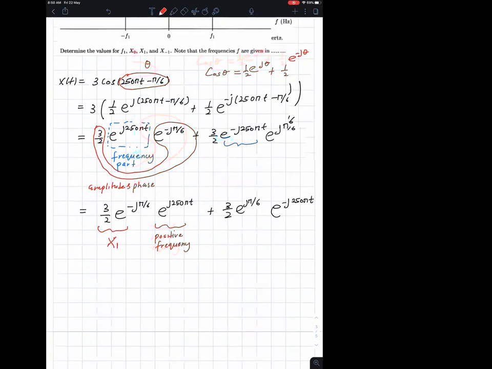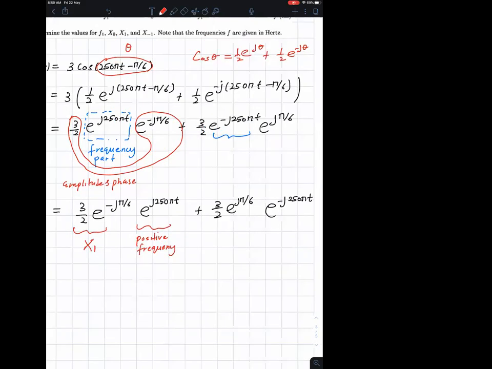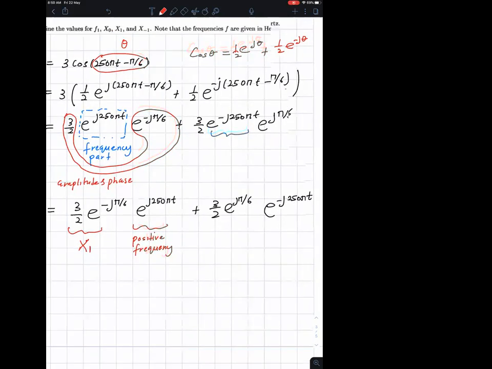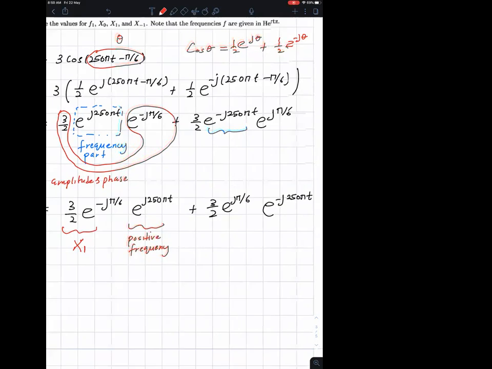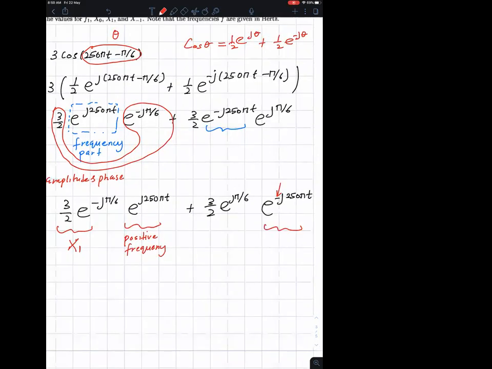So this is the negative frequency. It's negative because of this negative sign, okay? That's why I call it negative frequency. I don't know about other guys. Of course, you know there's a negative frequency, which is expressed in the exponent.